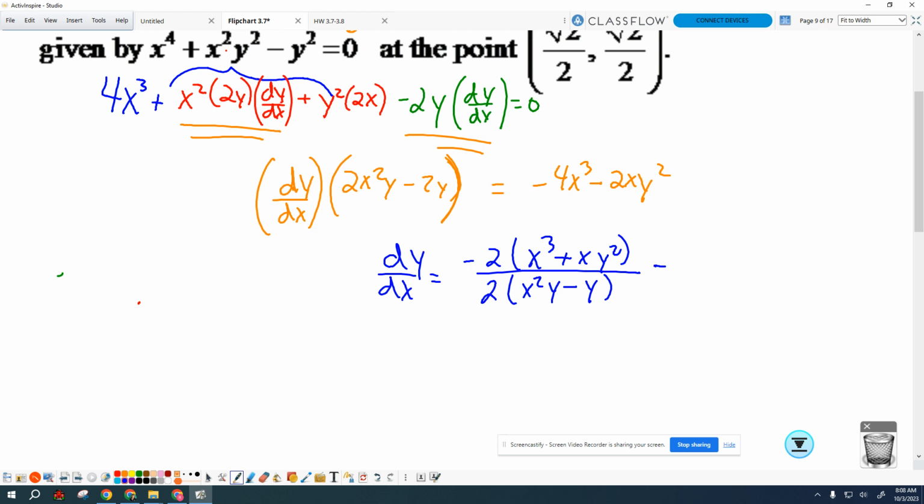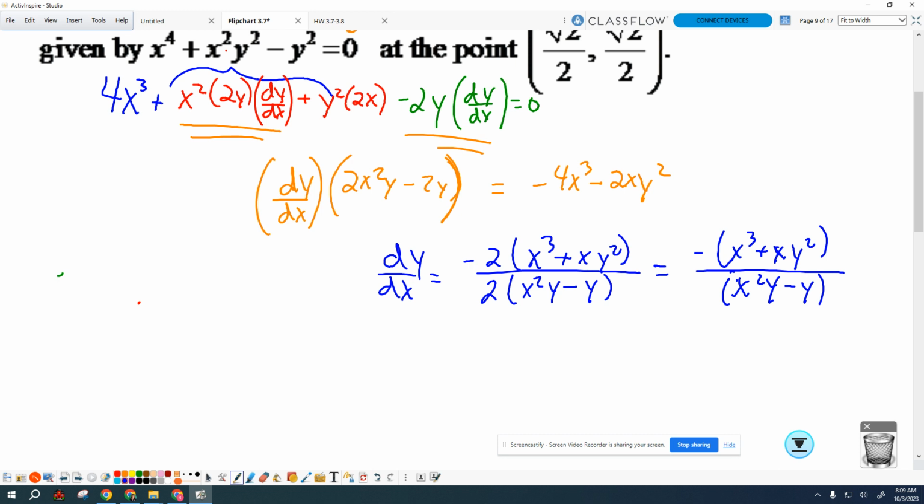So, depending on if you move things left or right, and if you simplified or not, you might have gotten 3 negatives, like negative x cubed minus xy squared over x squared y minus y.